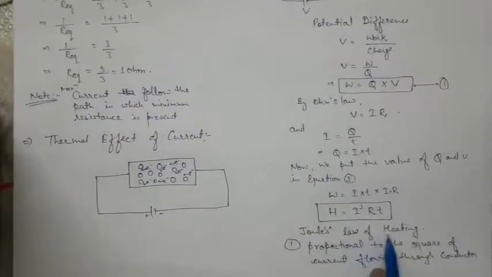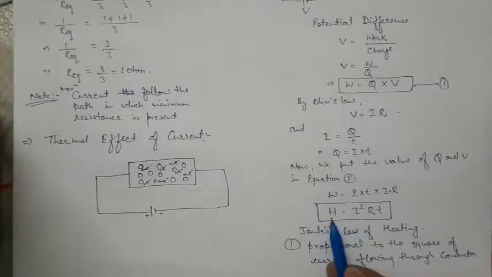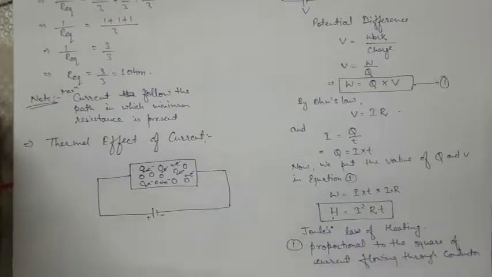What is Joule's law of heating? The first law says that the generated heat is proportional to the square of the current flowing through the conductor.